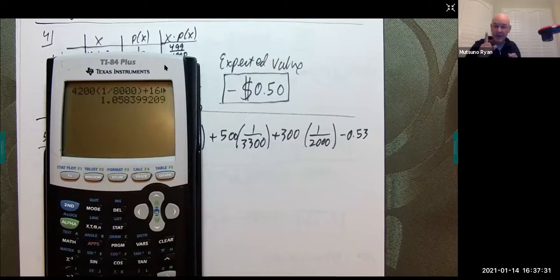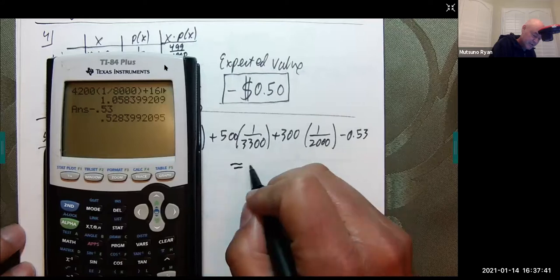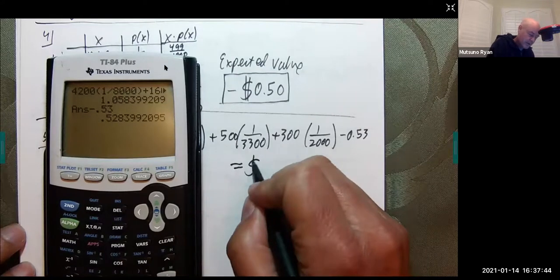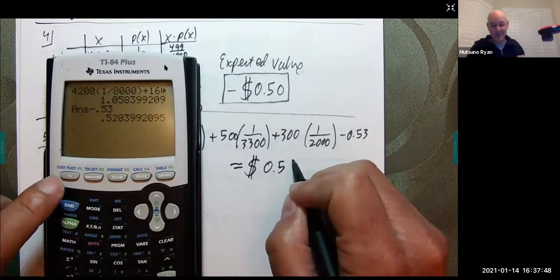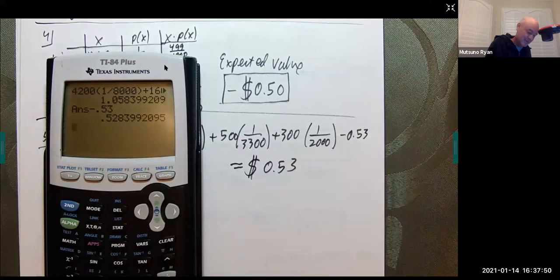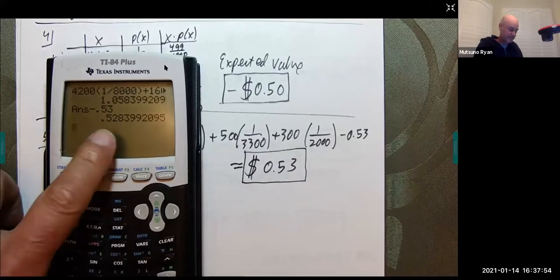That gives me that much, but then I have to subtract off the 53 cents, minus 0.53. And if I round this off, I would have won 53 cents. It happens to be the same number as the amount that it cost when we round it off. So that 8 brings that 2 to a 3.